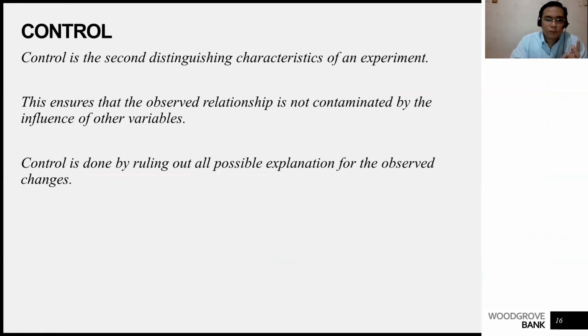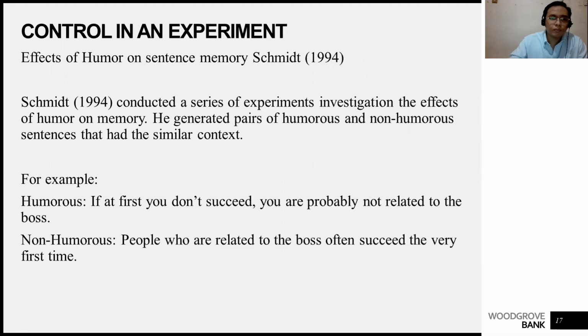It ensures that the observed relationship is not contaminated by the influence of other variables. Control is done by ruling out all possible explanations for the observed changes. One of the key examples of control in research strategy is the 1994 study on humor and sentence memory by Schmidt.